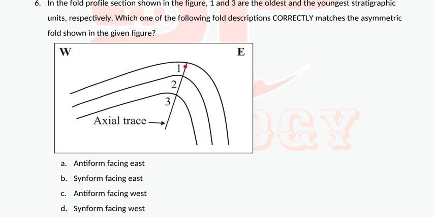It is an antiform, closing upward, and it faces towards, you can say, west. So the age relationship is not required here. It is simple. We can say an antiform facing west.